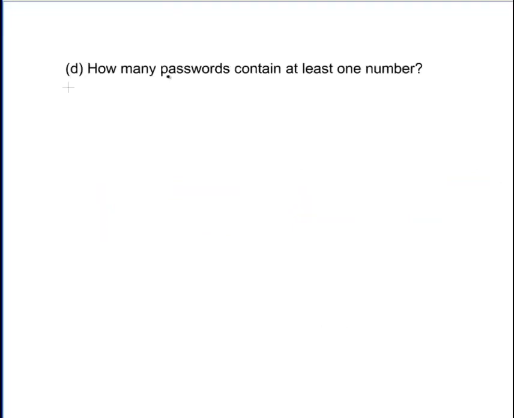Now, how many passwords contain at least one number? Always watch out for questions with "at least." That means it could have one number, 2 numbers, 3 numbers, 4 numbers, or it could have 5 numbers. There's so many possibilities there. The only possibility that is not allowed is no numbers. So the complement of this is no numbers.